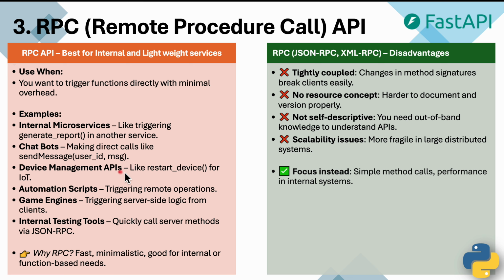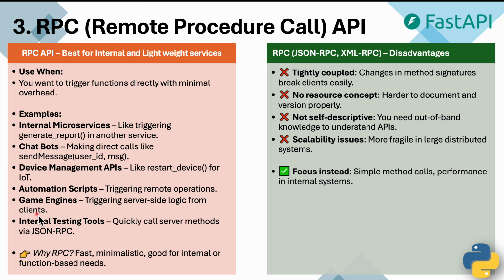Device management APIs, like restarting IoT devices remotely. Automation scripts. Triggering remote operations, like when you want to trigger a script using a remote call. RPC is better here. Game engines. Triggering server-side logic from clients.